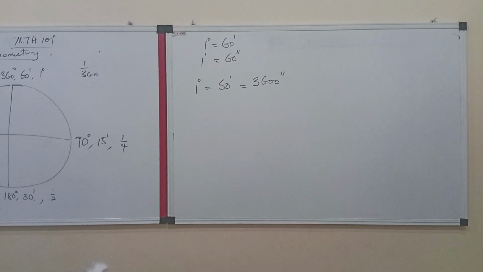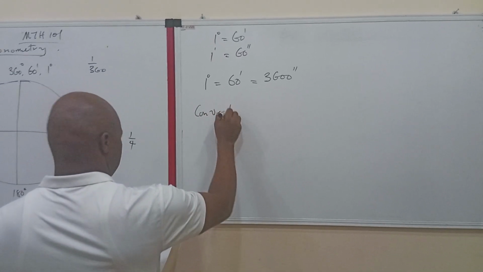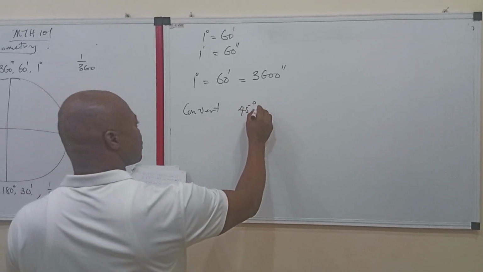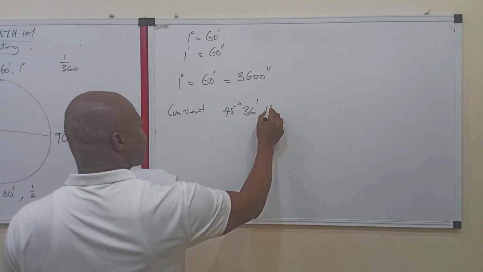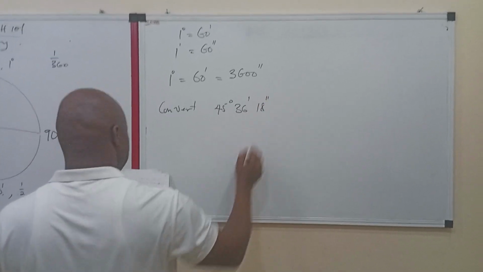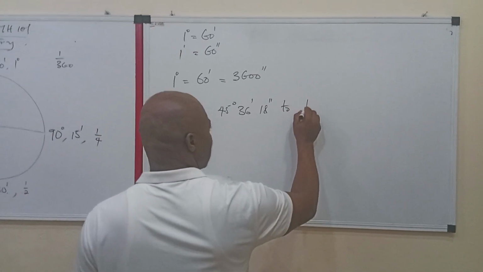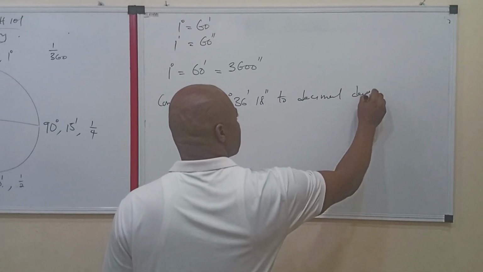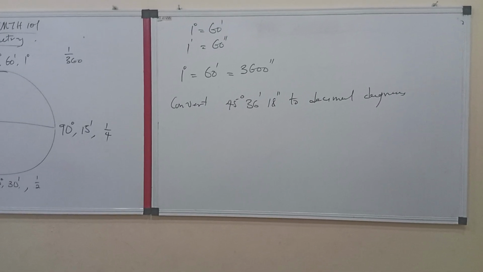Convert 45 degrees, 36 minutes, then 18 seconds to decimal degrees. This we can do.